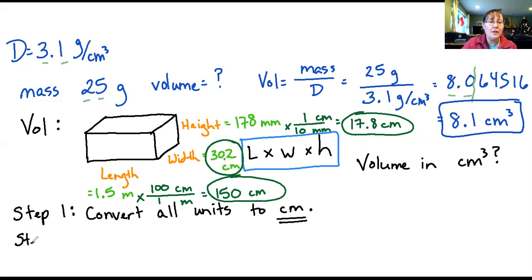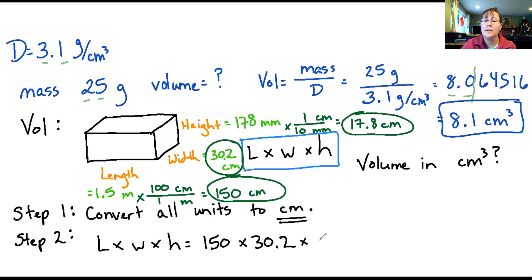Our step 2 is to do our calculation for length times width times height. That's going to be 150 times 30.2 times 17.8.